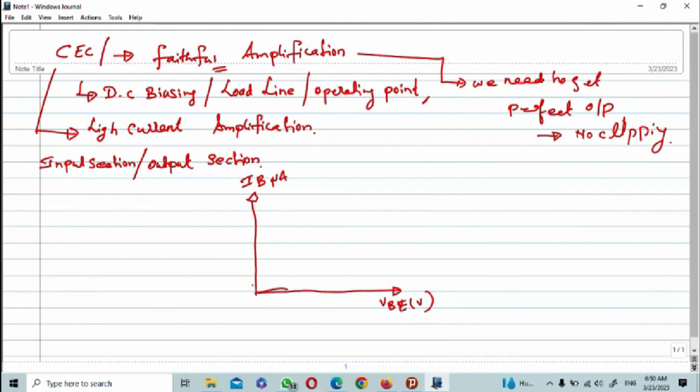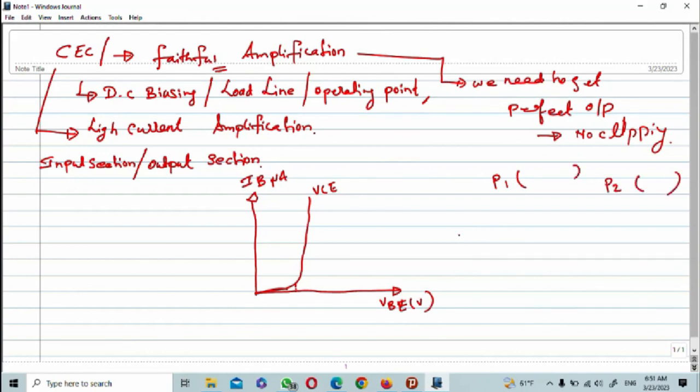Everyone knows from the input section we are going to take a curve like this. This is called VCE. VCE is going to decide the operating point of the particular transistor. From this I'm going to take two points, point 1 and point 2.